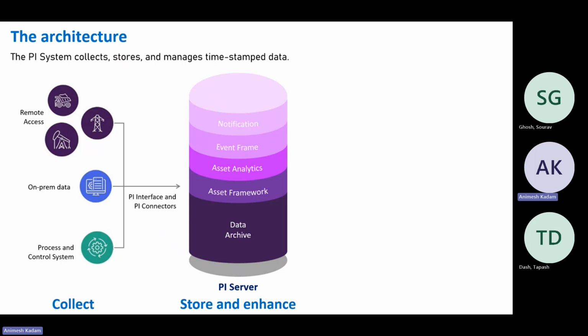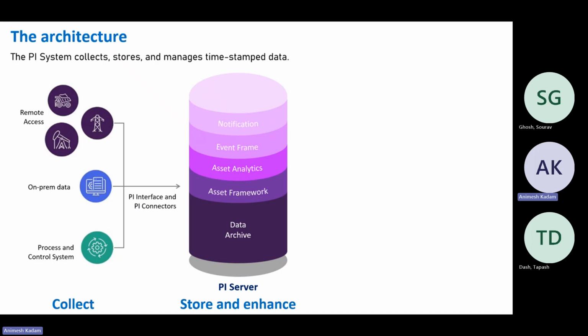Only if it is a very critical, very complex calculation, including major arithmetic operations, then you may need to go outside PI Asset Analysis and do it a different way. Otherwise, most of the analysis can be taken care of using PI Asset Analysis.